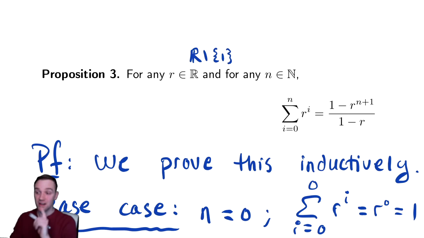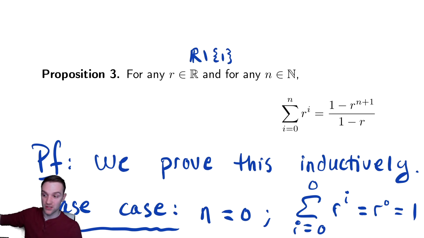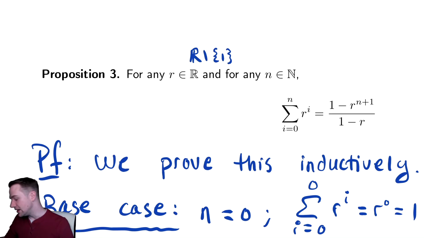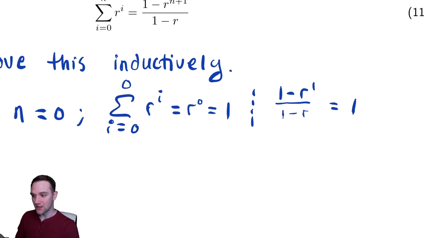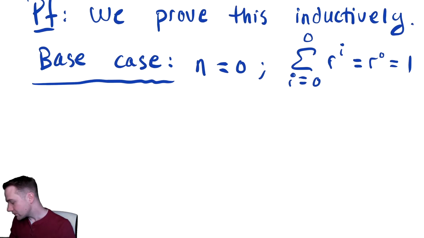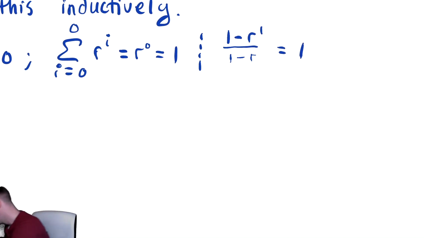Only because our denominator becomes undefined if we plug in r equals 1. This is something that you need to be cautious of sometimes when you're writing down formulas, is you want to make sure that the hypotheses do always hold. So we notice while we're analyzing this that we might be a little suspicious of the hypotheses we were given. Now, though, if r isn't 1, our base case holds. So this is true.